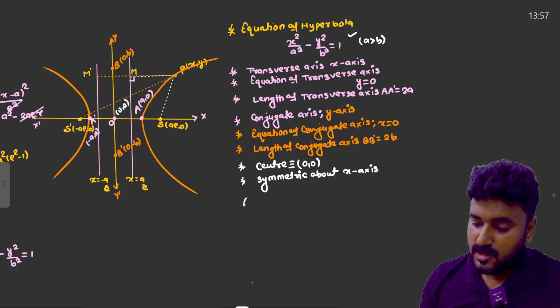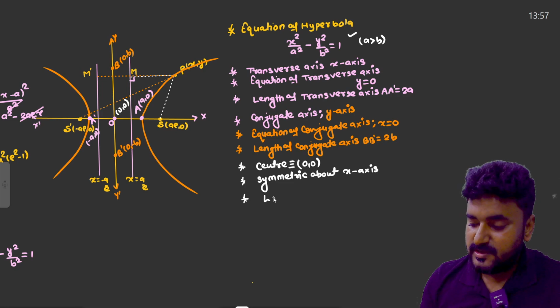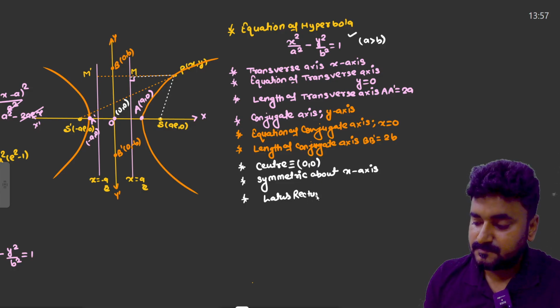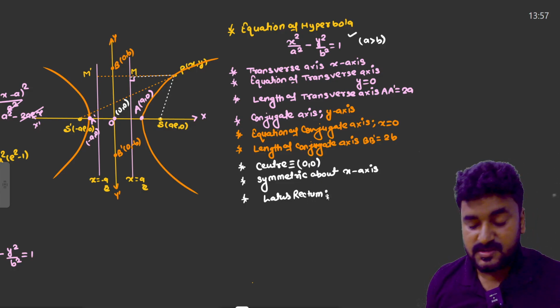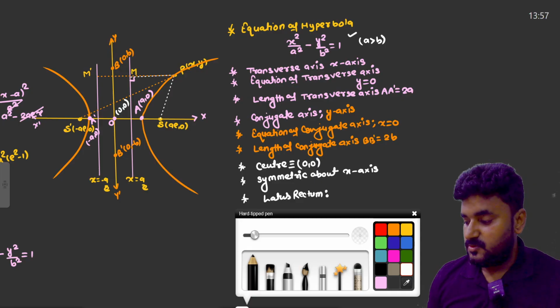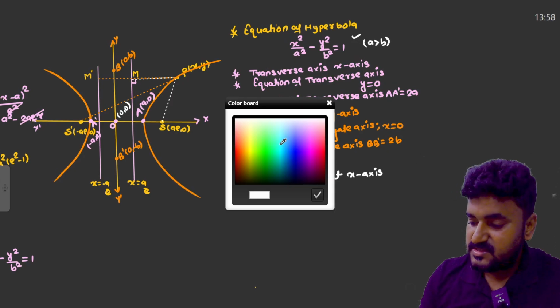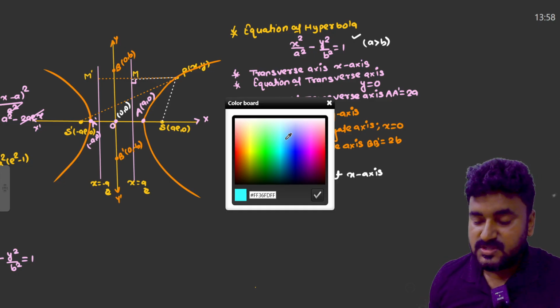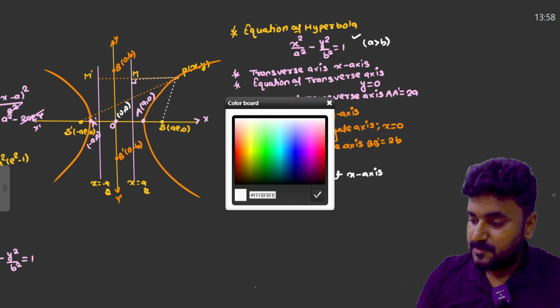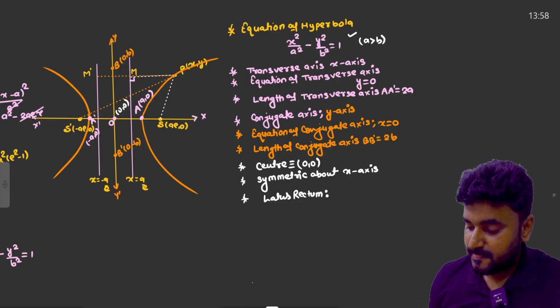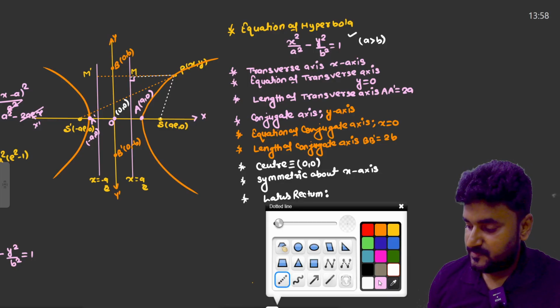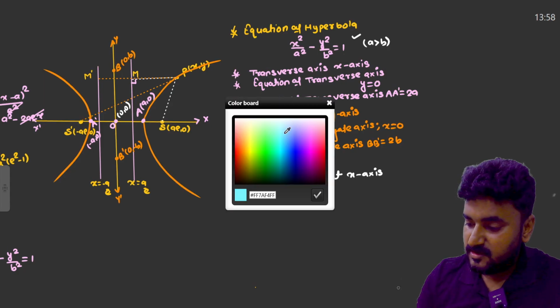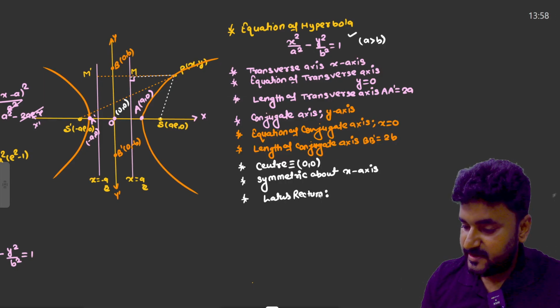Okay. After symmetric about, we will know the latus rectum. So let us see the latus rectum. What is that? You should know, student, that the latus rectum is that line which is perpendicular at the focus. A perpendicular line at the focus is called the latus rectum.